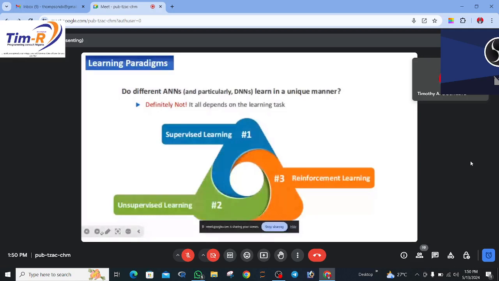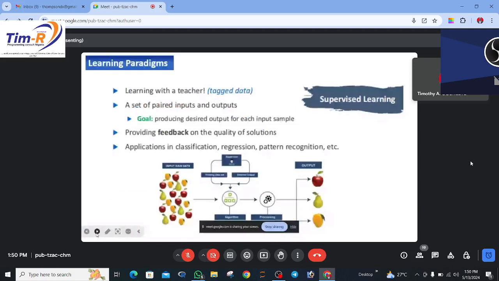In the case of supervised learning, that has to do with learning with a teacher, with tagged data, where you have a teacher to supervise you. It uses a set of paired inputs and outputs, and the goal is to produce the desired output for each input sample. We have input and we expect some output, and it also provides feedback on the quality of solutions.